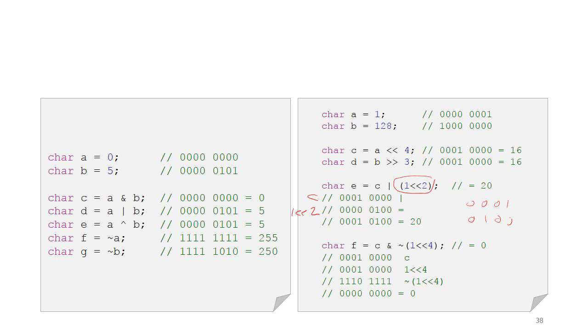Then we're going to do bitwise OR, so we end up with 0, 0, 0, 0, 0, 0, 0, 1, 1. We'll keep going along each one of these bits, and we'll end up with that pattern. What's the equivalent to the decimal value 20?